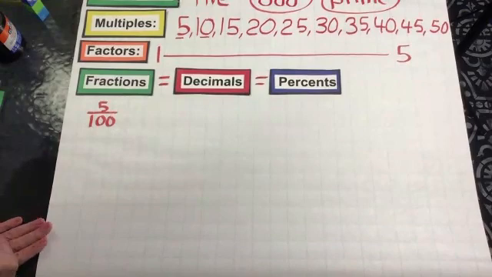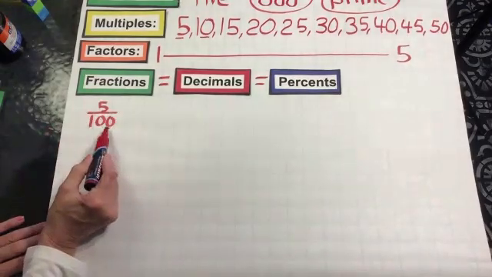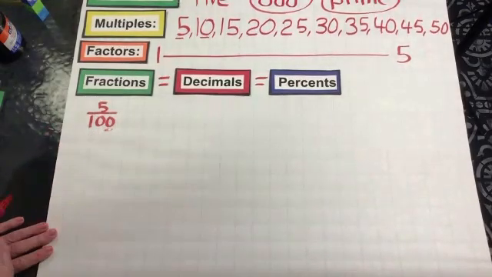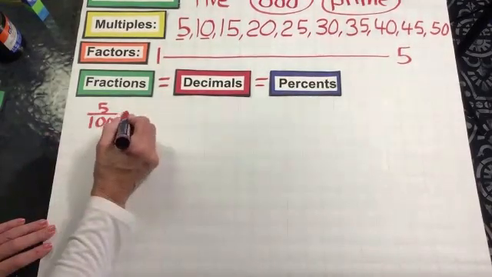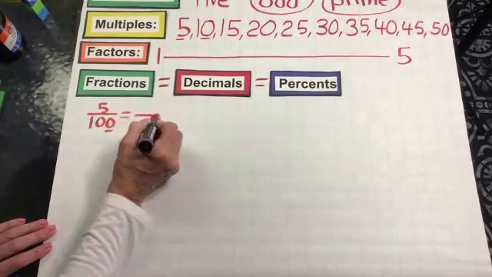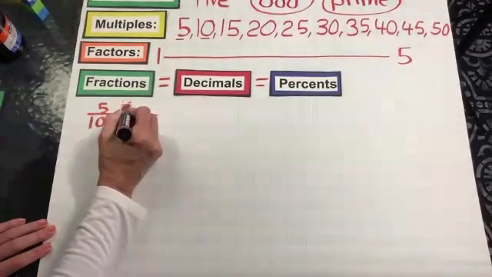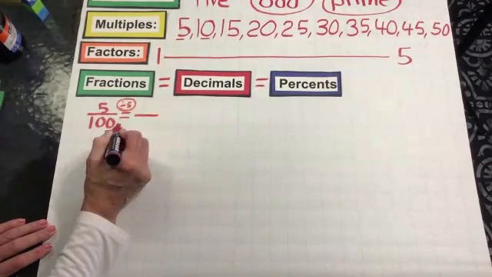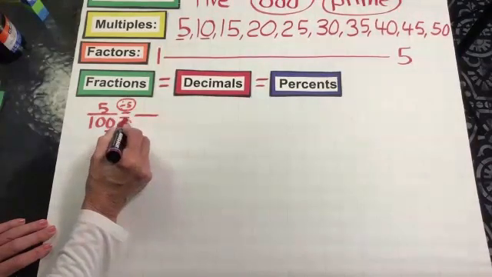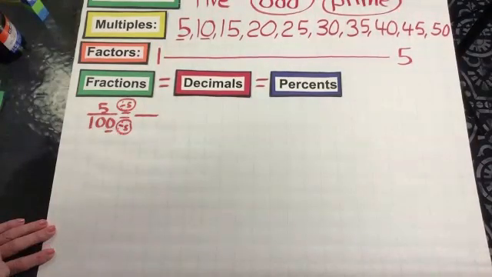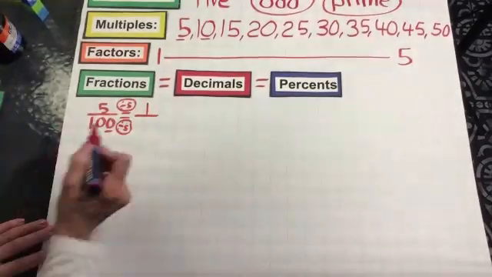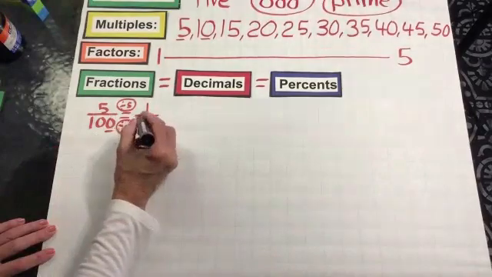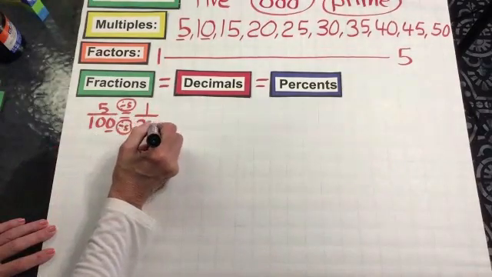So we know that 5 goes into 100 because it ends in 0. So that means we want to divide the top number by 5 and the bottom number by 5 to get an equivalent fraction. So 5 goes into 5 one whole time, and 5 goes into 100 20 times.